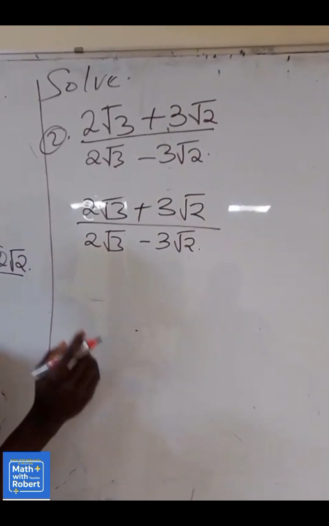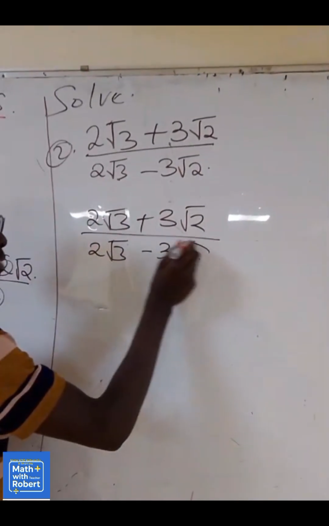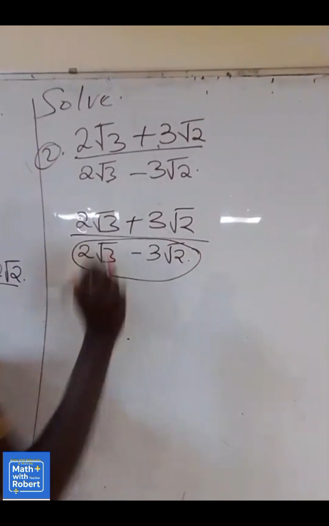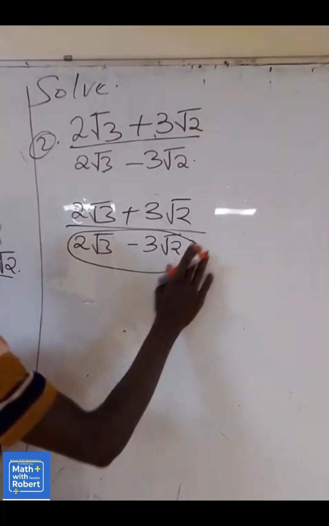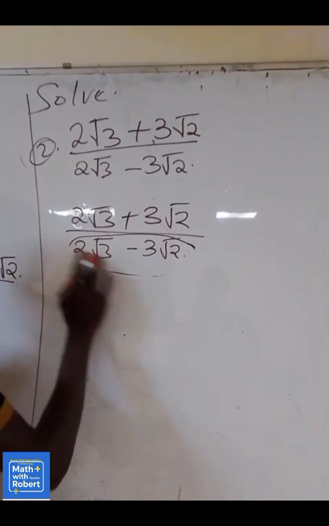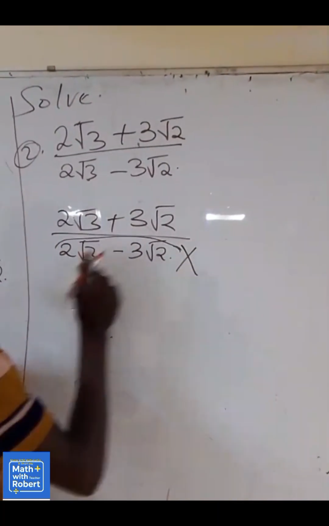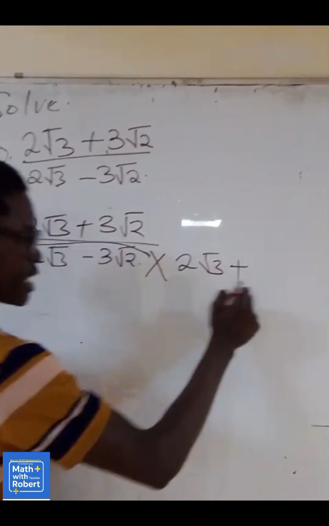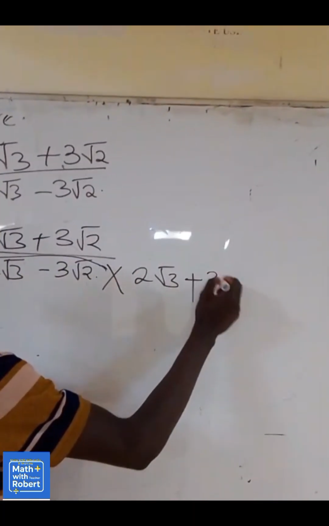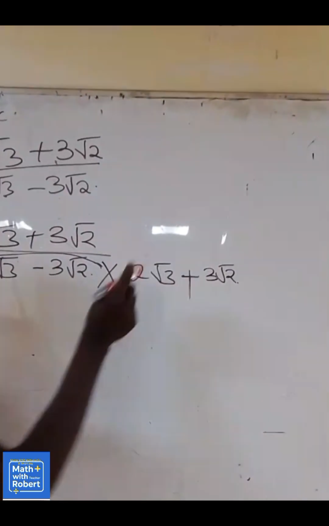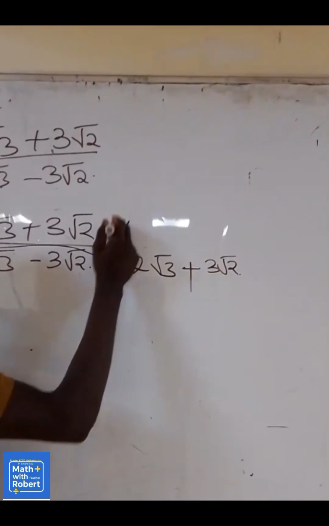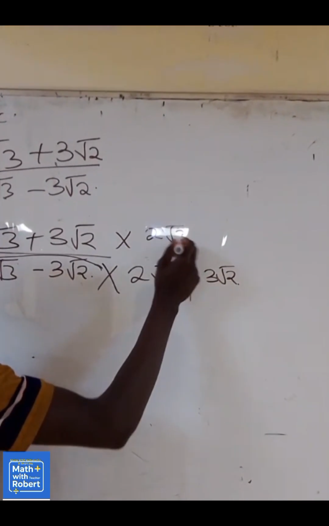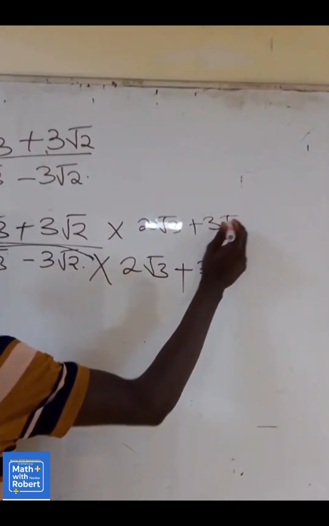So the conjugate of the denominator, we just pick the denominator, full of it, then we change the sign. That will be the conjugate of the denominator. So we multiply by its conjugate, which is 2 surd 3, then we change the sign, plus 3 surd 2. Then we do the same here, multiply by 2 surd 3 plus 3 surd 2.